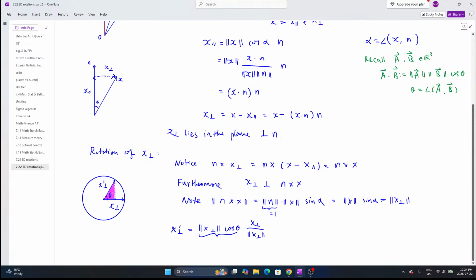And we also need the vertical component. So what is the vertical component? The vertical component is exactly n cross x times sine of theta. Let's see why.